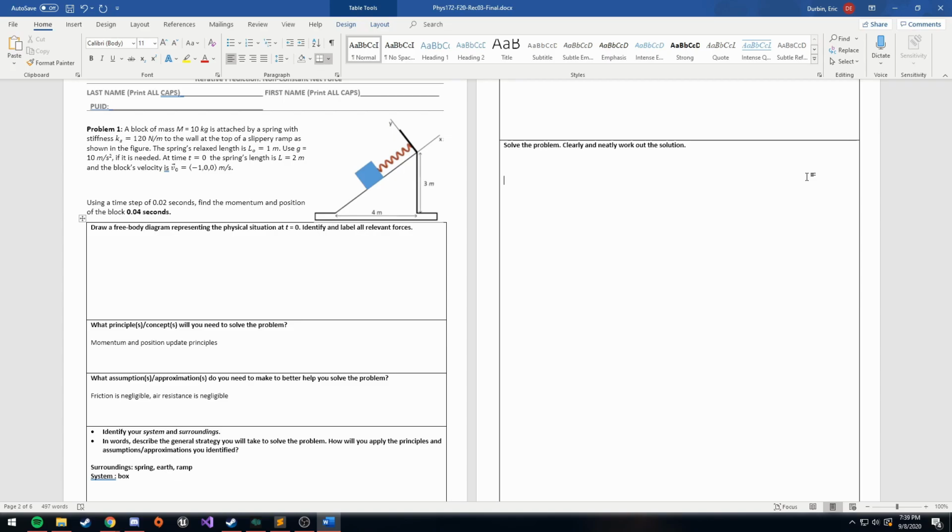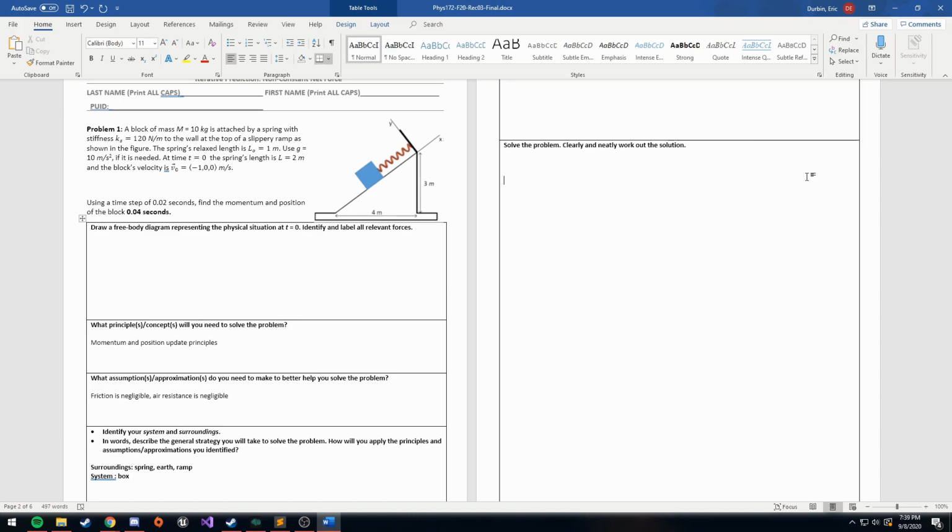Are we sure it's cosine, if it's in the y direction? No, it should be in the x direction, and unless I did my math wrong, it should be negative 10. So 10 is the hypotenuse, and x is in the x direction. So the cosine of 36 would be... no, wait.